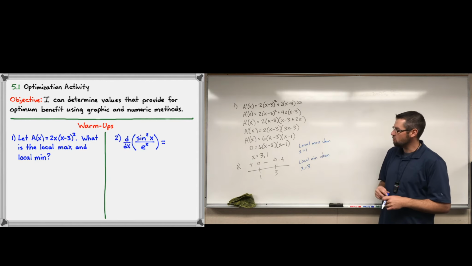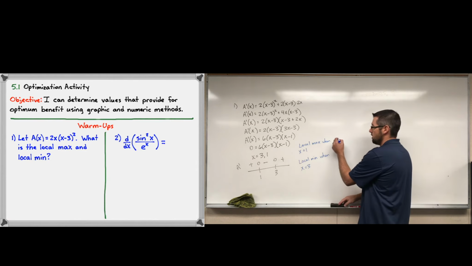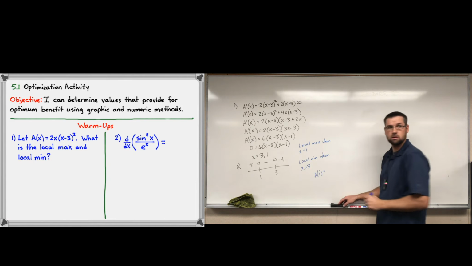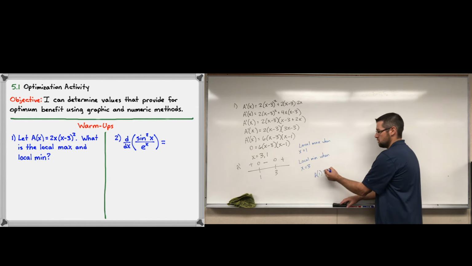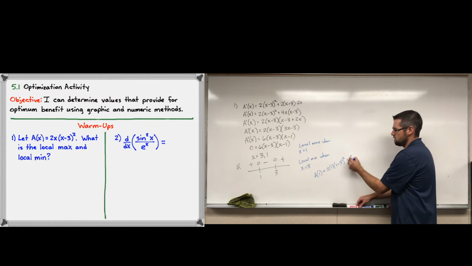So what do I do to find my local max? Plug it into the original. So we would say a of 1 is what? 2 times 1 times 1 minus 3 squared. So 8, is that what you said? Okay.